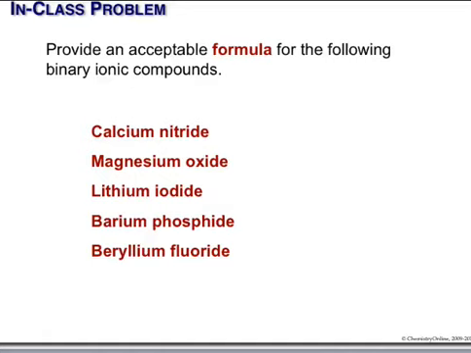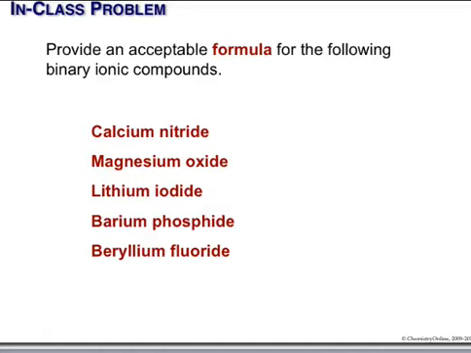Calcium nitride. Calcium is group 2, isn't it? That means it will be a +2 cation. Nitrogen is group 5. That means it will pick up 3 electrons and become a -3 anion. So we have +2 and -3.